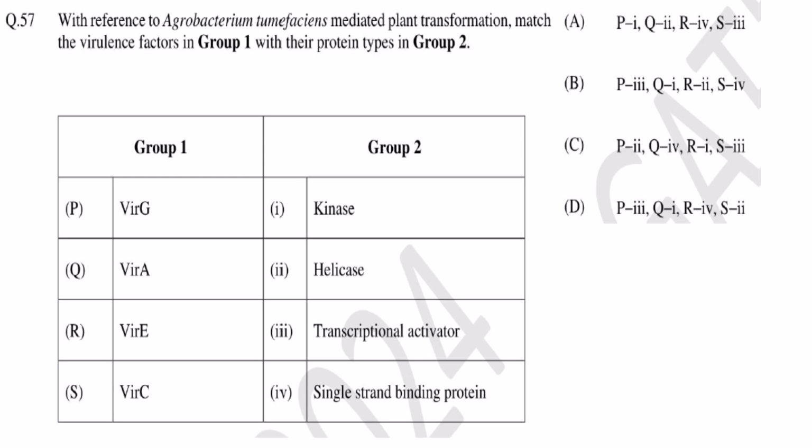Then VirA. VirA is a kinase. So Q1. VirE is single-stranded binding protein, R4, and VirC is a helicase. So the answer here is option D, that is P3, Q1, R4 and S2.